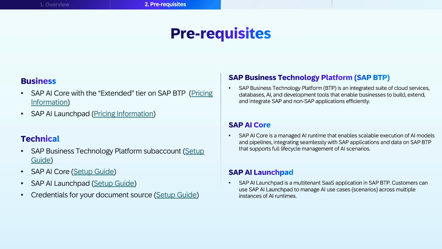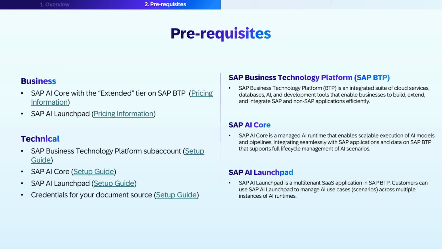To provide more context around these prerequisites, SAP BTP is an integrated suite of cloud services, databases, AI, and development tools that enable businesses to build, extend, and integrate SAP and non-SAP applications efficiently. SAP AI Core is a managed AI runtime that enables scalable execution of AI models and pipelines, integrating seamlessly with SAP applications and data on SAP BTP.